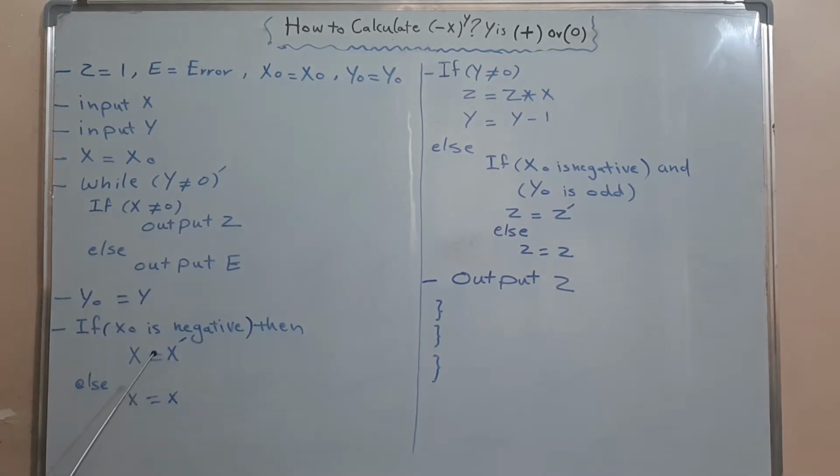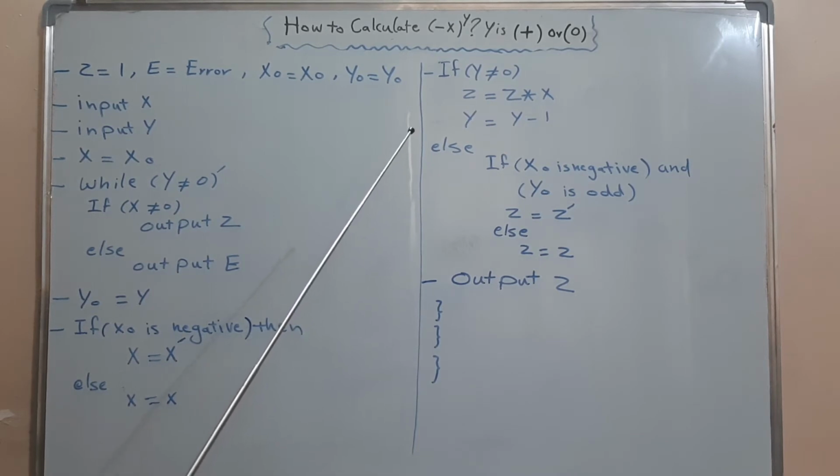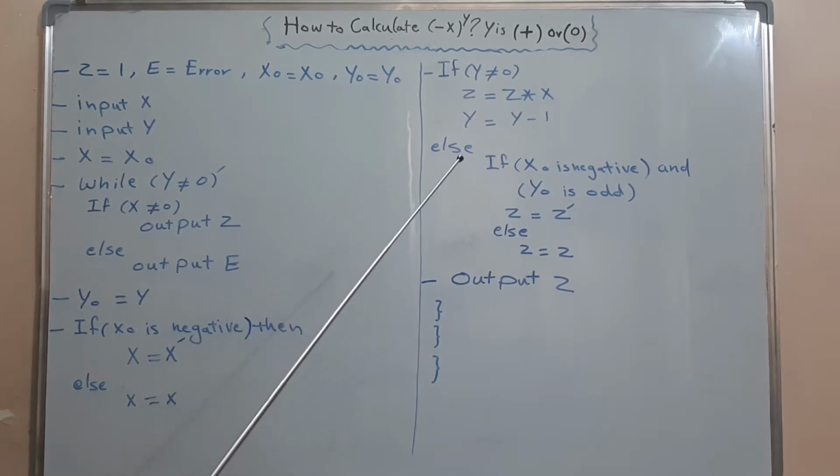Then the computer system will test whether xo is negative or not. If xo is negative, then x is equal to x inverse, else x will be equal to itself. Then the computer system will test whether y is not equal to 0 or not. If y is not equal to 0, then z is equal to z multiplied by x, and y is equal to y minus 1.